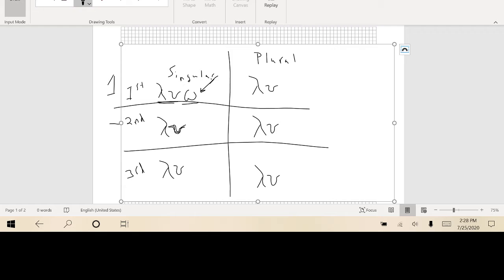So you'll have first person plural, second person plural, and third plural. All right, I'll finish it. All right, so you get it. It's a chart. It shows us the endings for singular and plural, first, second, third person. So Lu-o means I loose.